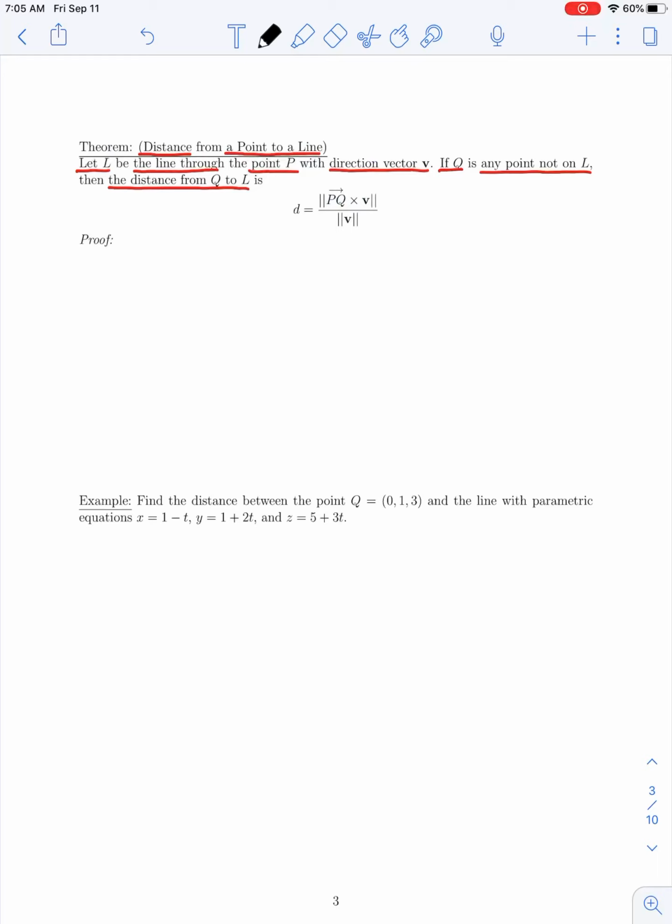So let's sketch what we're looking at here. We have in 3 dimensions some line L, which is passing through some point P. So P was a point on the line. And then we said, well, let's take any point Q which does not lie on the line.